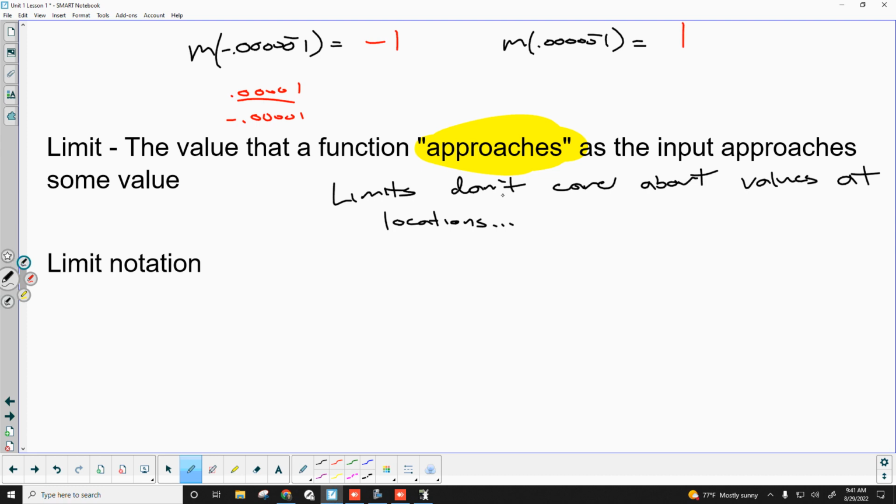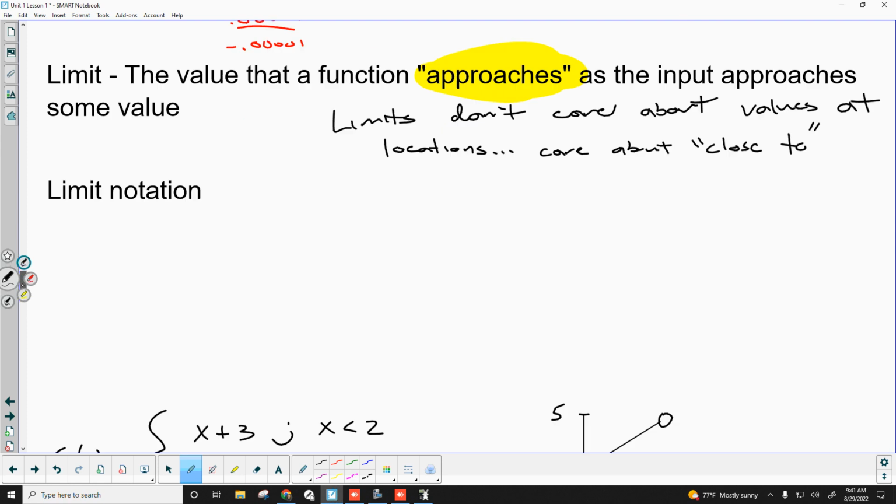Limits don't care about values at location. They do care about close to, or infinitely close to. Okay?